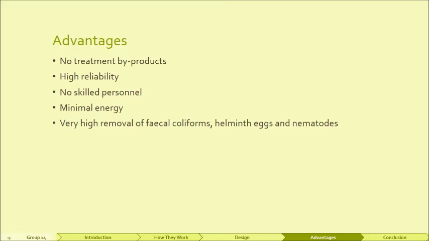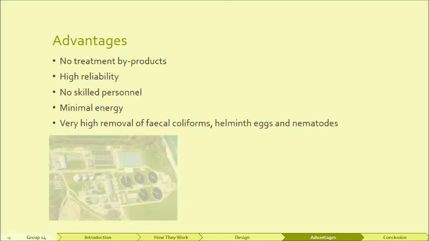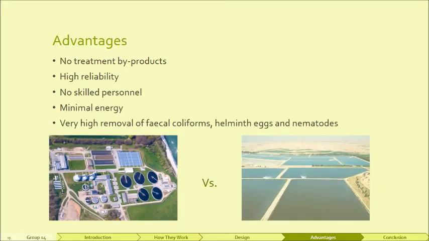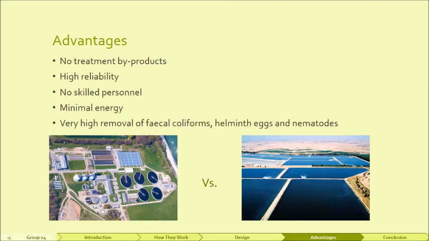The advantages of waste stabilisation ponds over the conventional wastewater treatment systems are significant, especially in less developed countries where the cost of land is relatively low. Waste stabilisation ponds produce no treatment by products and offer high operational reliability under varying conditions, such as low wastewater flows and design temperatures. Conventional systems often require regular, highly skilled maintenance, which may be too expensive or difficult to find in developing countries.